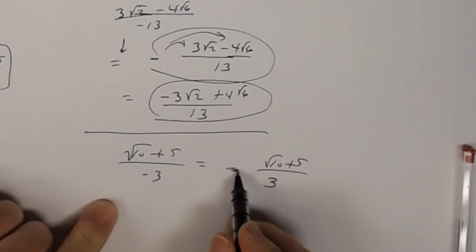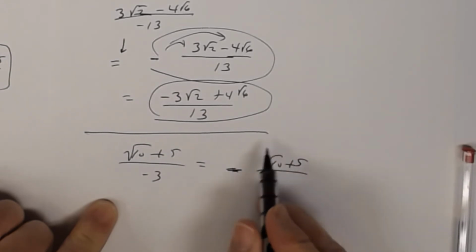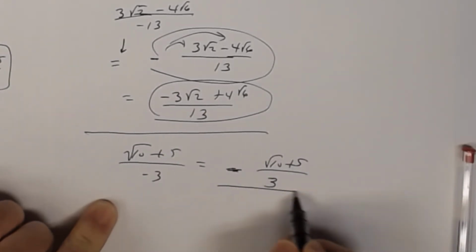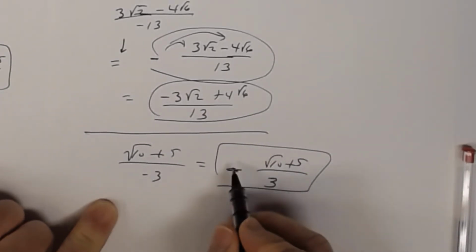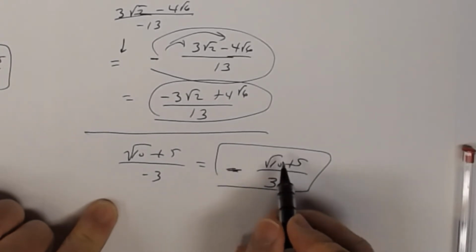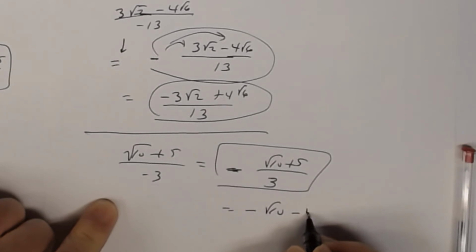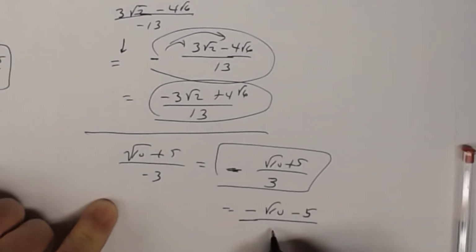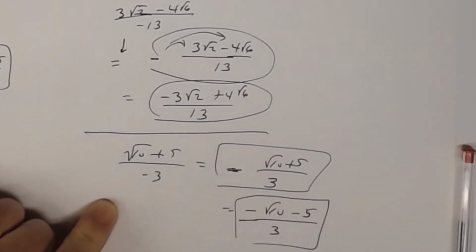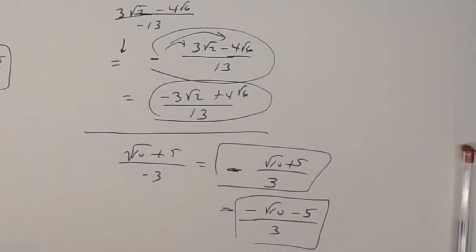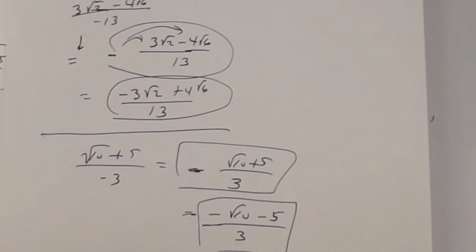So you're saying the opposite of this fraction. Or you can distribute now, so you can put the negative through the numerator. So it becomes negative square root of 10 minus 5 divided by 3. Just like that. So those are just other ways of writing the answer.